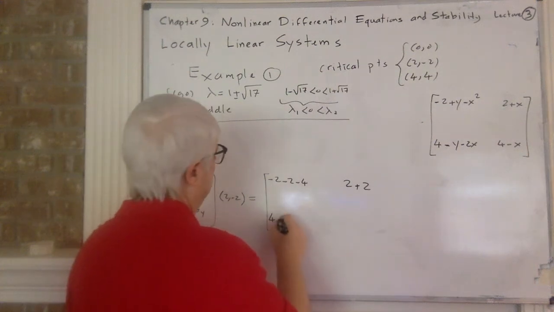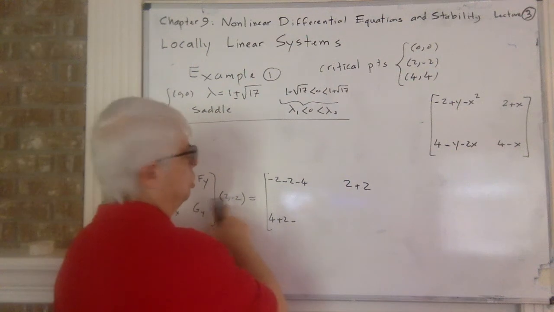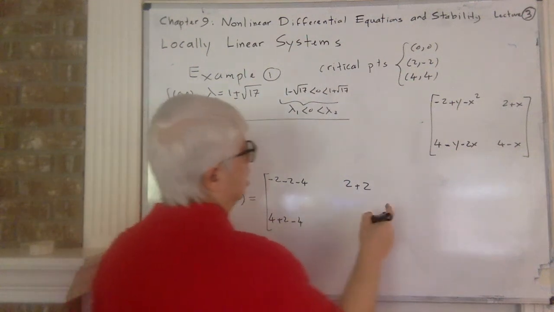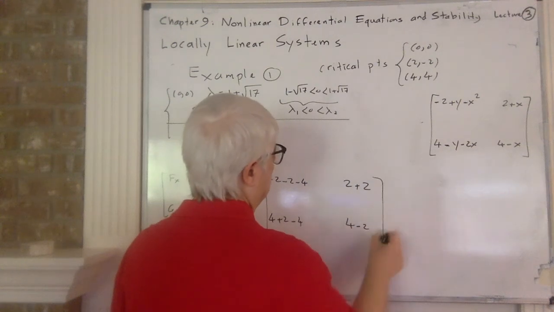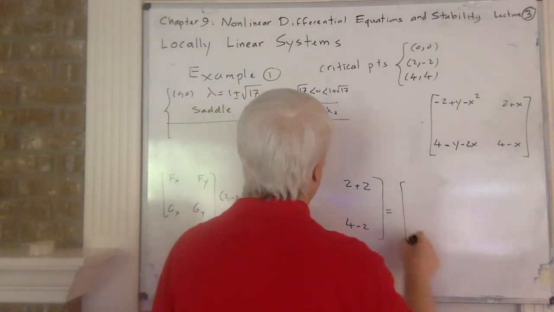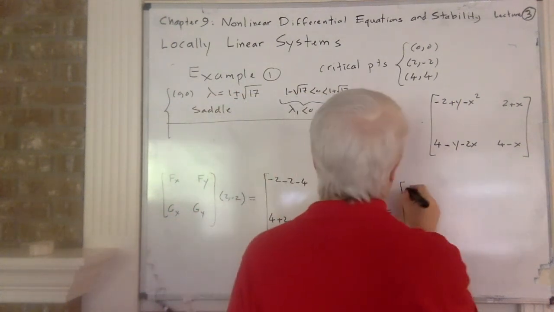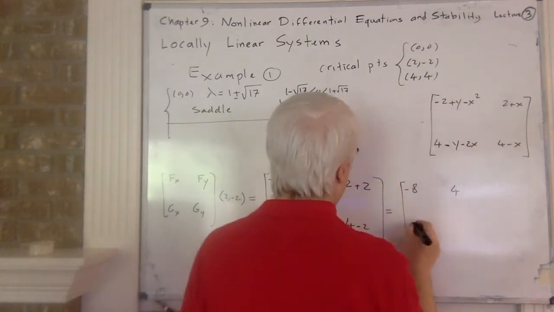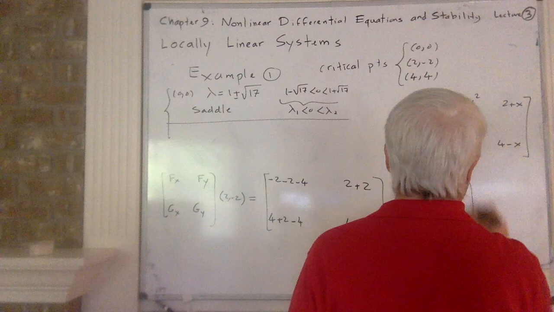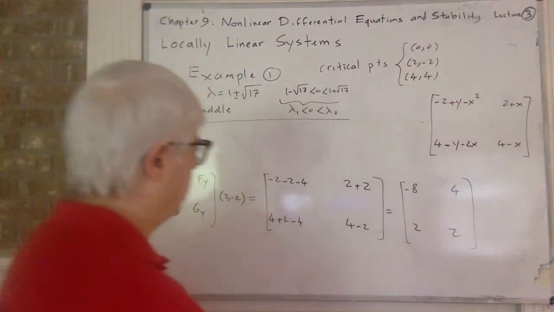Then 4 minus y is plus 2, minus 2 times 2 is 4. Then 4 minus x is 4 minus 2. So that is in fact minus 8 here, the other one is 4, that one is 2, and this is 2. Okay?